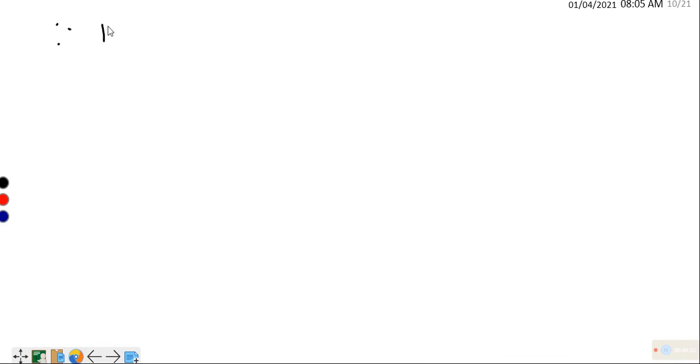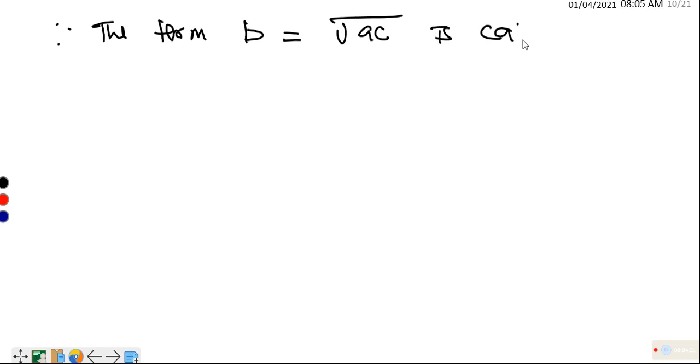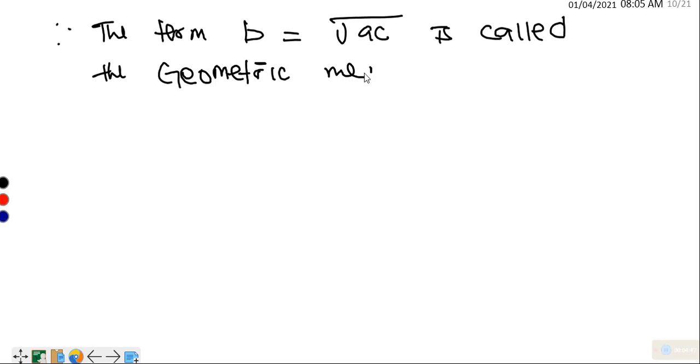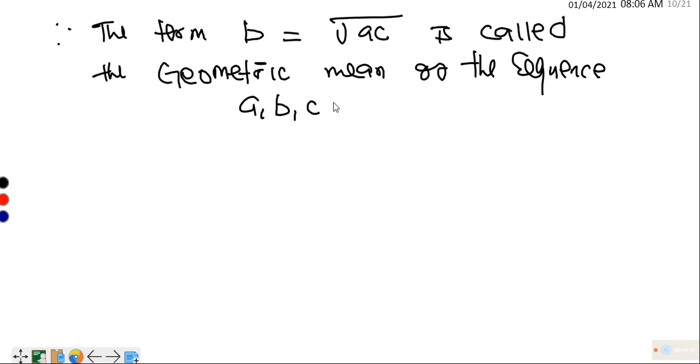So therefore the term B equals the square root of AC is called the geometric mean of the sequence A, B, C. So this is how to find geometric mean.